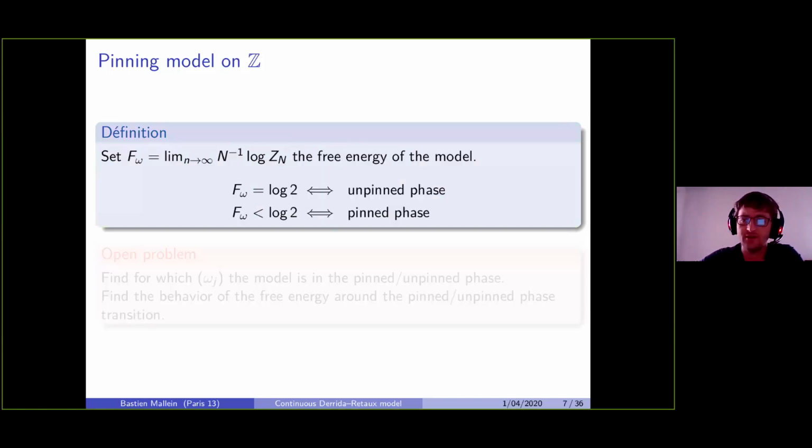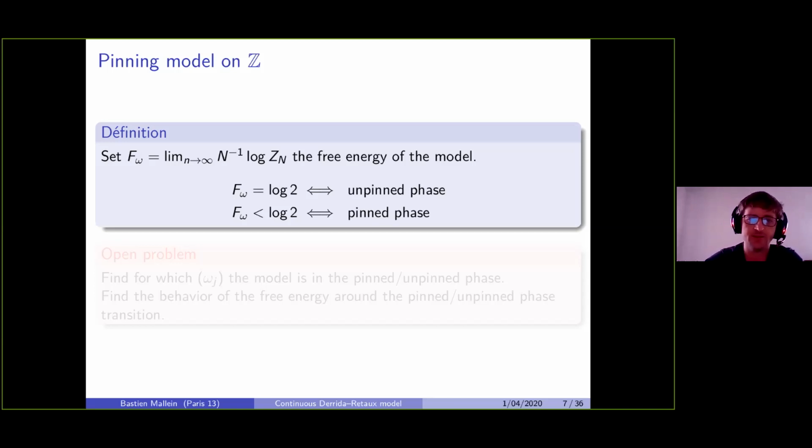A question related to this polymer model was how this polymer looks on a large scale. You can imagine two distinct behaviors: either it will stick quite closely to the wall, or it will invade the whole space somehow.